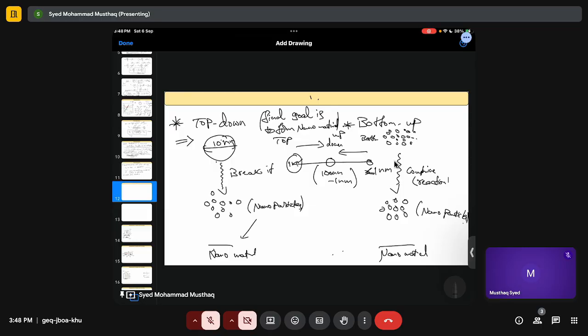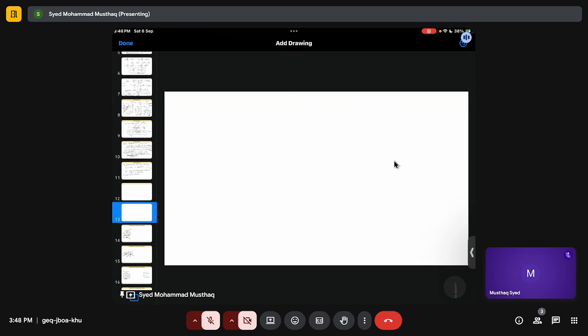Okay, and there are many ways of doing this. Now again we have to characterize them, right? So how have we characterized our nanomaterials?